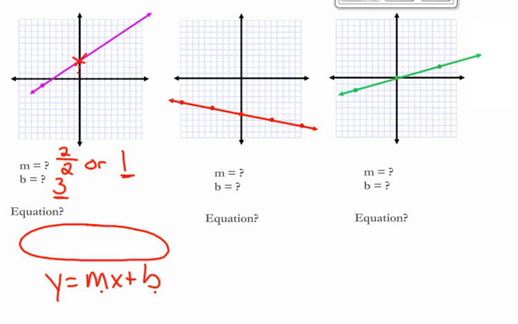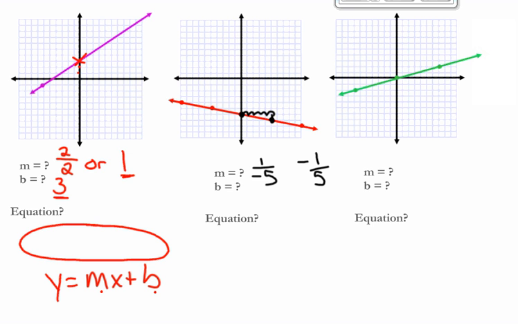The slope of question 2, the one in the middle, I'm going to pick this point and this point. I'm going to count up 1 unit. I'm going to go to the left, 1, 2, 3, 4, 5. That's a negative 5. So my slope is negative 1/5, which remember you can write like that.